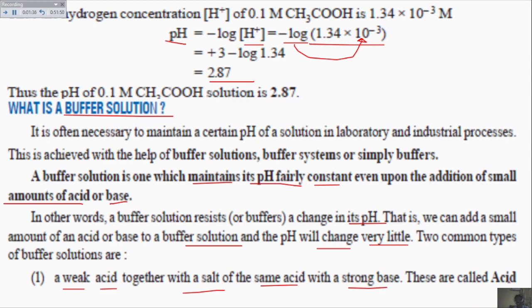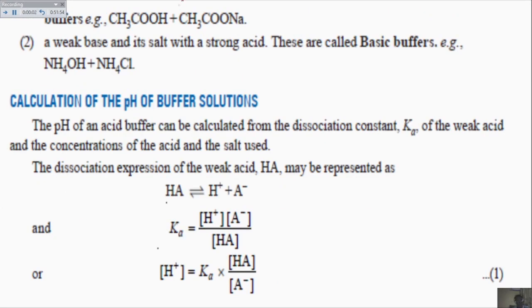These are called acid buffers. Look at this. This is a weak acid. This is a salt of the weak acid, because this hydrogen ion has been replaced with sodium to make a salt.